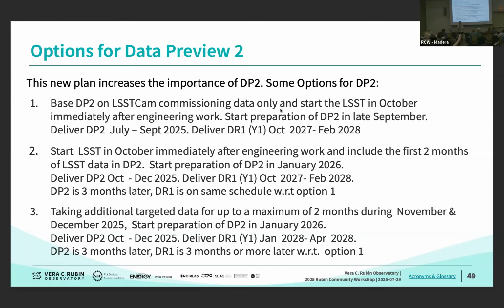Yeah. So irrespective of which option ends up happening for DP2, it's still the case that there is now a very large gap between the DP2 data release and DR1. And in that time, there is nobody from the science collaborations having a look at the data while you folks are working on it, producing it, and giving you continuous feedback. Right now, until the end of DP2, the SITCOM in-kind teams are playing that role, but they go away after DP2 is out.